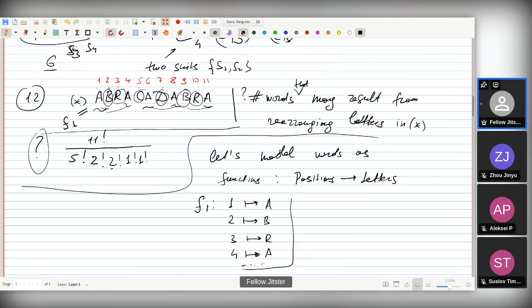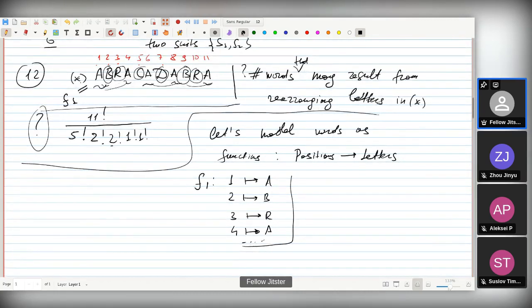Is this idea clear? Yes. But not every function corresponds to a word we can obtain from rearranging.